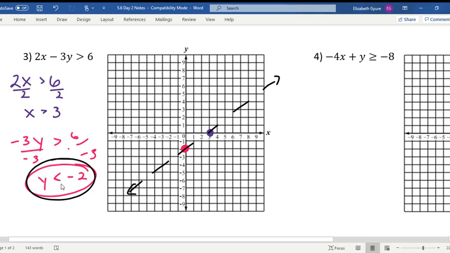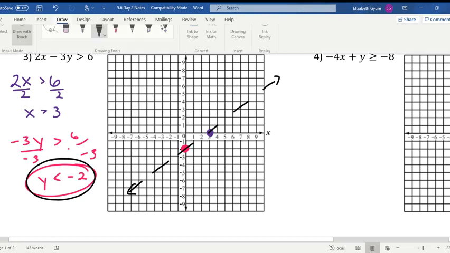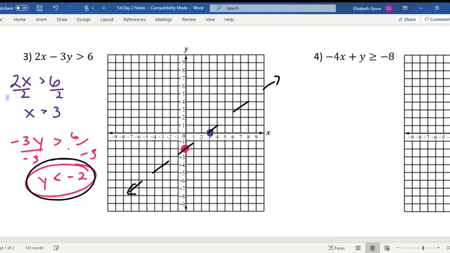So Kaysen, if it's a less than, do you think I should shade above or below? Any idea, Kaysen, above or below? No. How about Jake Sanders? What do you think? If it's less than, should I shade above or below?